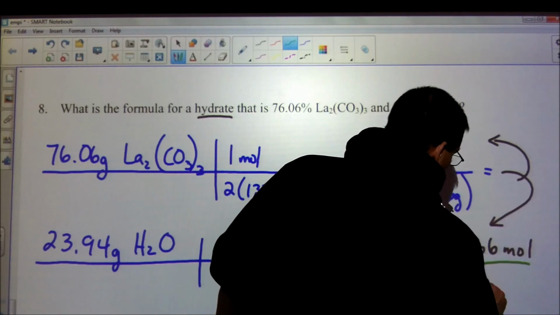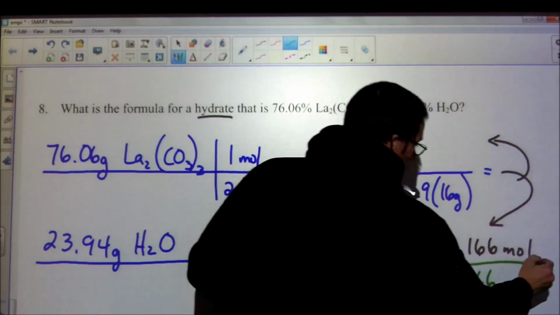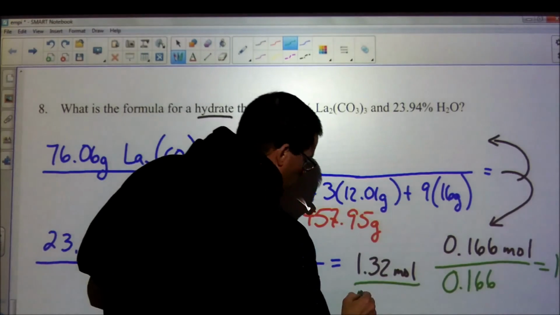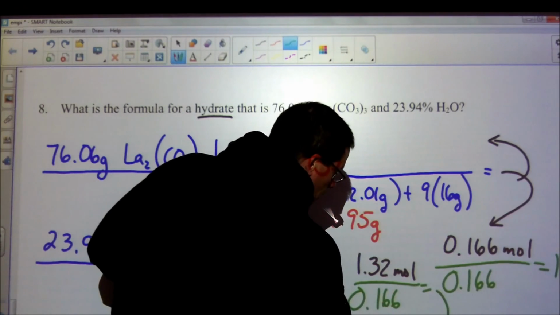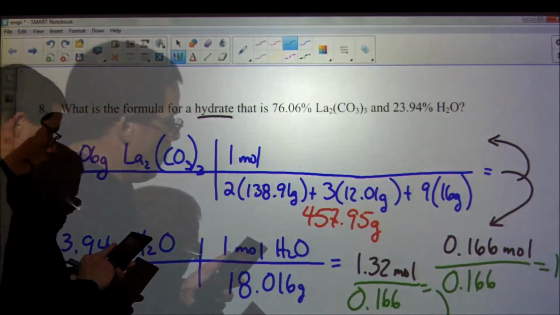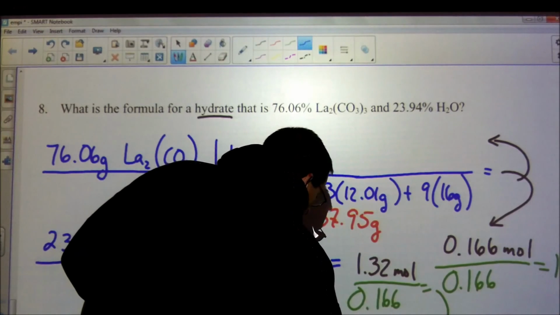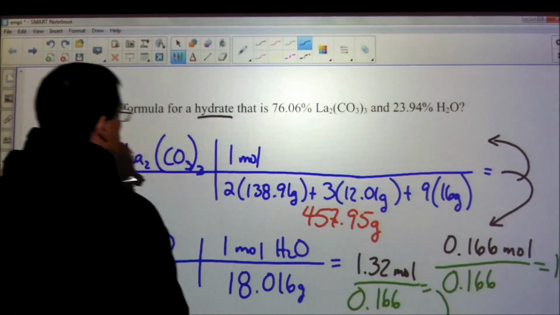And again, as I had stated, we want to make sure that this value has a 1. So that obviously is a 1. And then we'll divide that by 0.166. Let's get that number down here. 8 point, with a lot of zeros. So 8.0, quite a few zeros. So it's a 1 to 8 ratio.